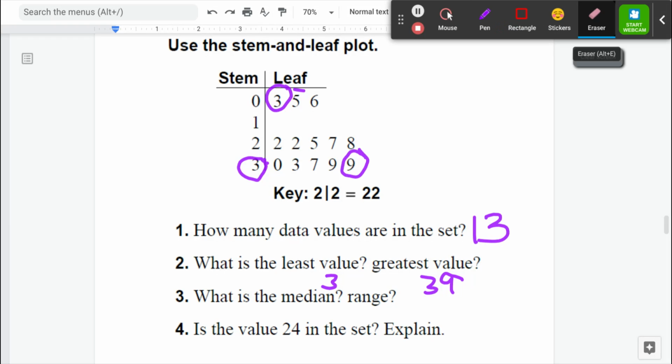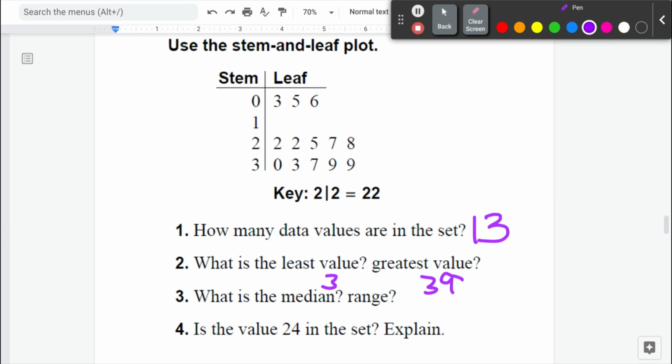Now we need to find the median. And medians are found the exact same way we did yesterday. So what we do is we look here at the smallest number to the biggest. I cross off the small, cross off the big, cross off the small, the big, the small, the big. Here it could get a little tricky.